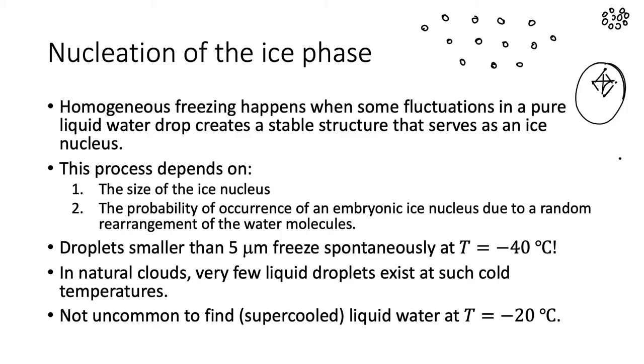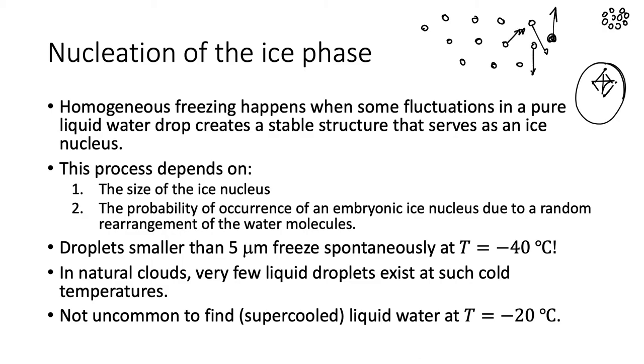Now, this process obviously depends on a few things. First of all, the probability that something like this happens is kind of low, because molecules, remember, this is a liquid, so even though particles are not as free as in a gas, the molecules are kind of moving around in all directions.